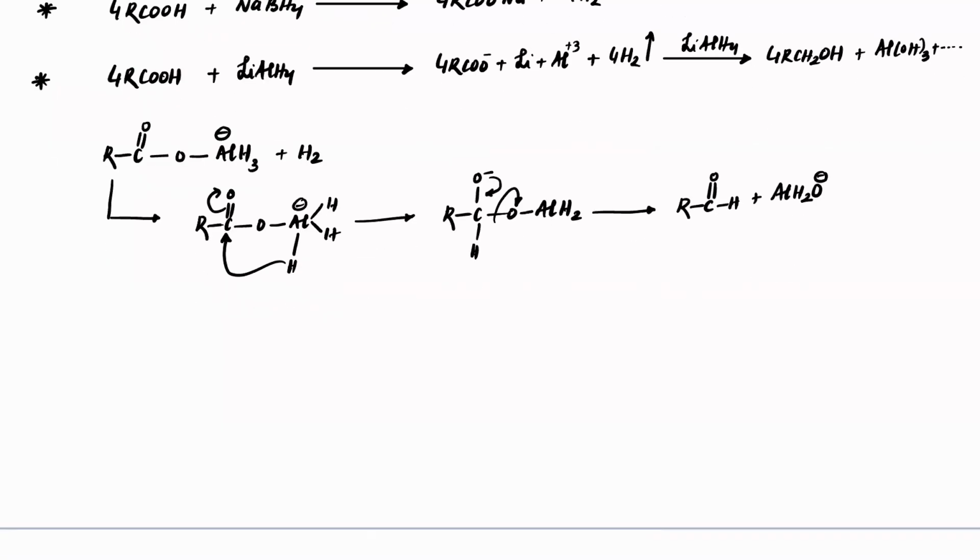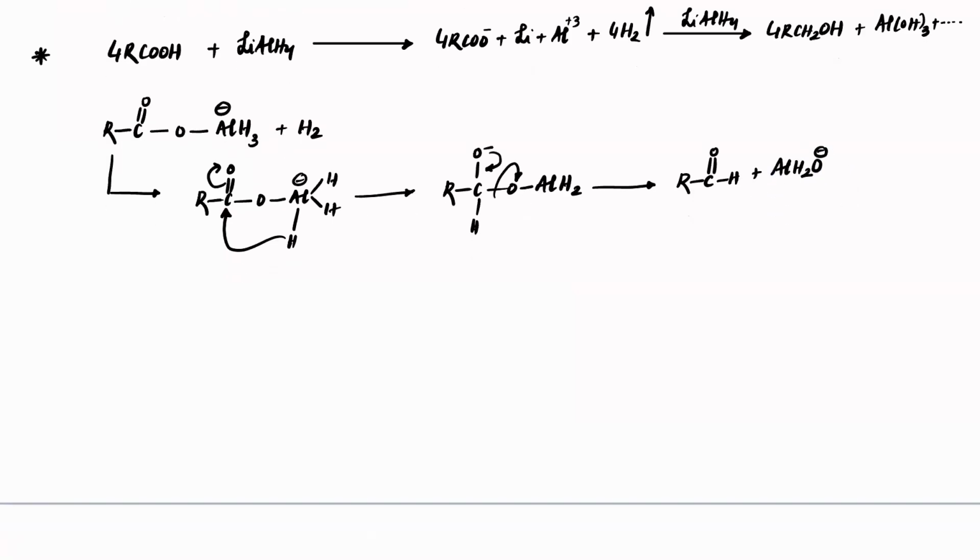And of course, the minute you get this AlH2O minus, on hydrolysis, once you get this as an aldehyde, again you can see RCH double bond O plus O minus with aluminum H and H here. So this H minus can attack here and this O minus can attack back on aluminum.